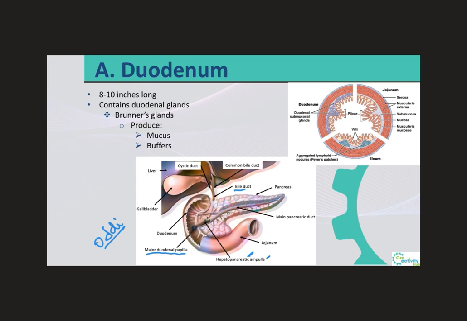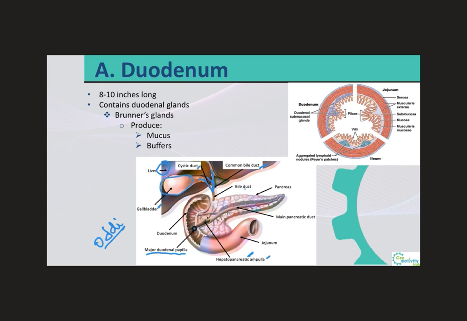Therefore, the bile that's produced by the hepatocytes in the liver will come down through a right and left hepatic duct. They will merge to form what we call the common bile duct. From here, the bile will be stored in the gallbladder, passing through the cystic duct.